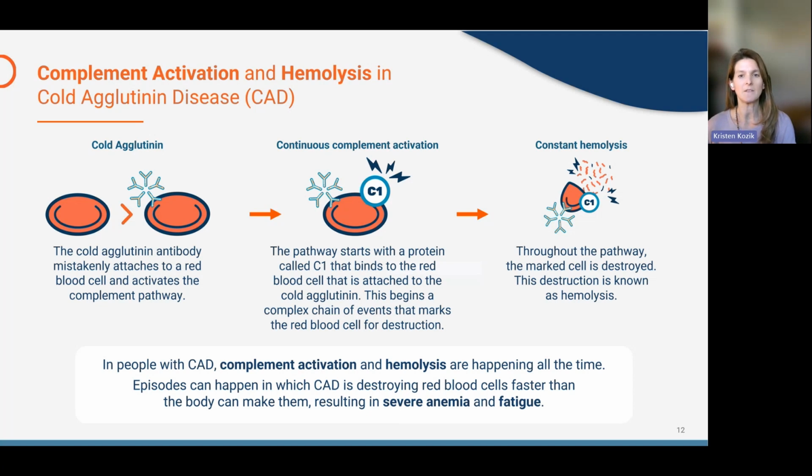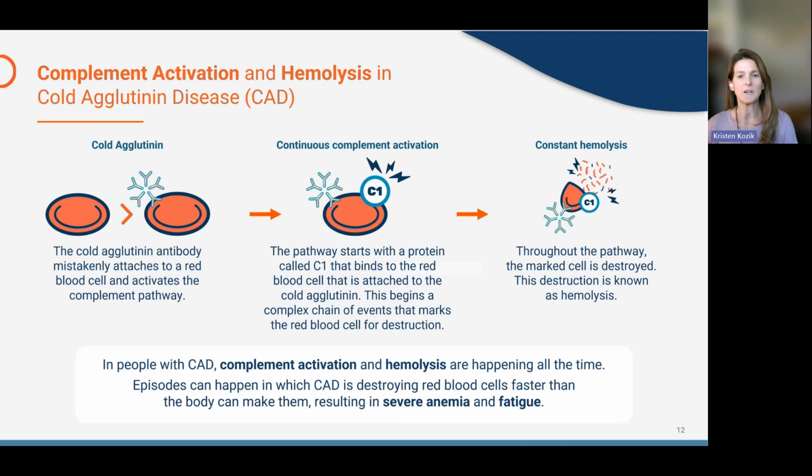The complement pathway is then activated by a protein called C1 that binds to the red blood cell that is attached to the cold agglutinin. And you can see it in that picture there. This leads to a complex chain of events that marks that red blood cell for destruction. Now, throughout the pathway, the marked cell is destroyed. Again, that destruction of the red blood cell is called hemolysis.